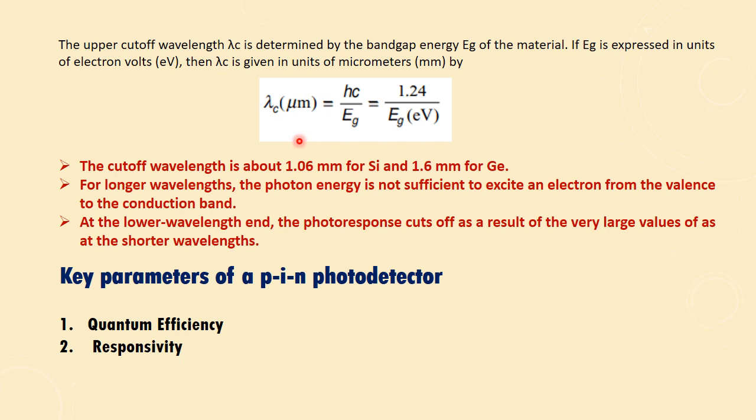At the shorter wavelength, the photo response cuts off as a result of very large values of absorption. So by means of that wavelength we can find out the upper cutoff wavelength, and lambda c can be determined by the band gap energy of the material.